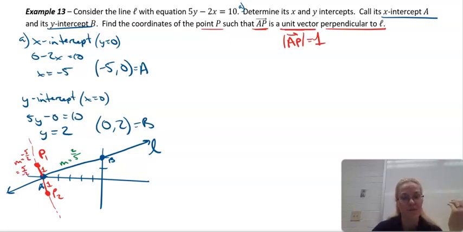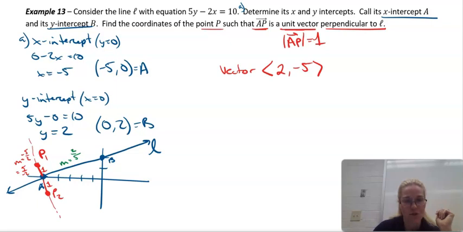So we can think about the fact that I can have a vector, if I rise 5 and go backwards 2. So that would be 2, -5. Horizontally, I would be going 2, and then I'd be going down 5. Or I could be -2, 5. I could be going backwards 2 and up 5.